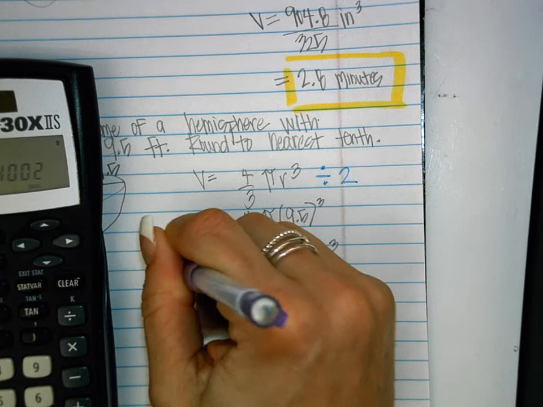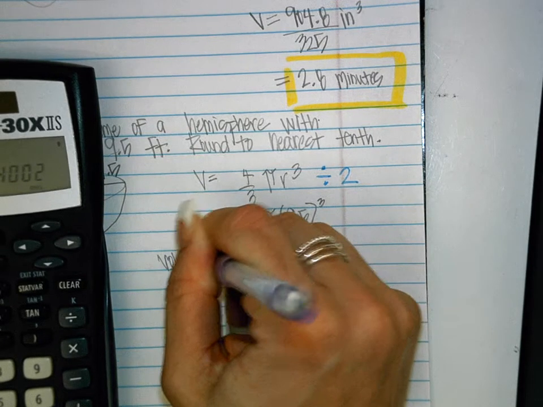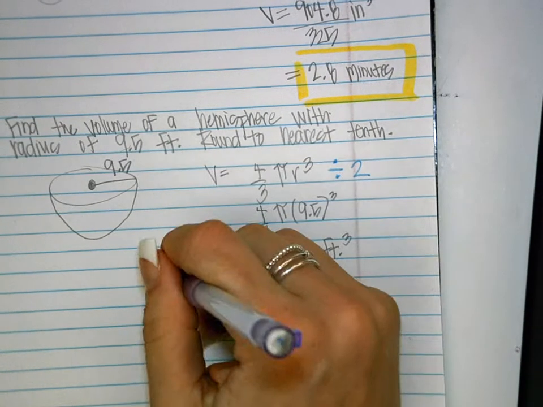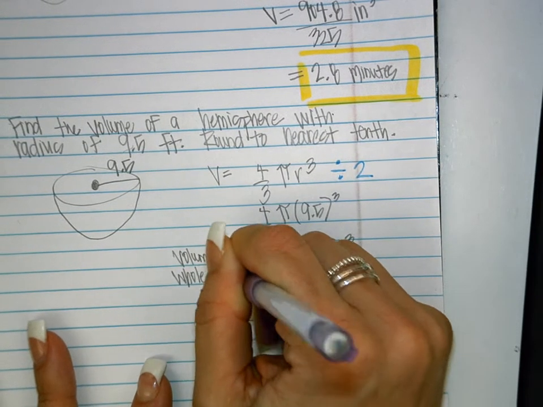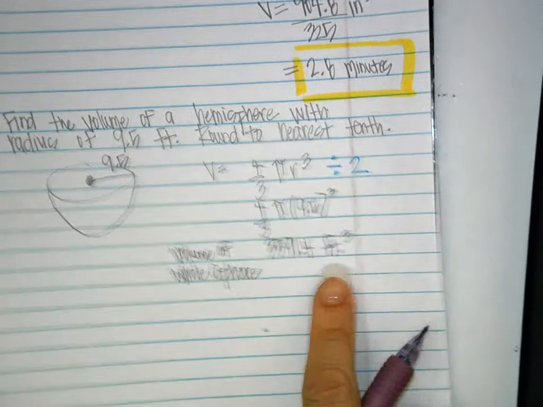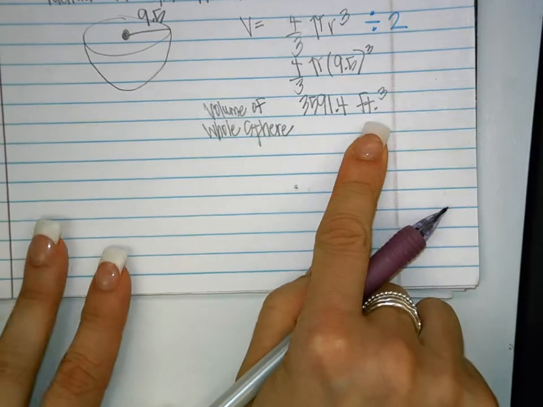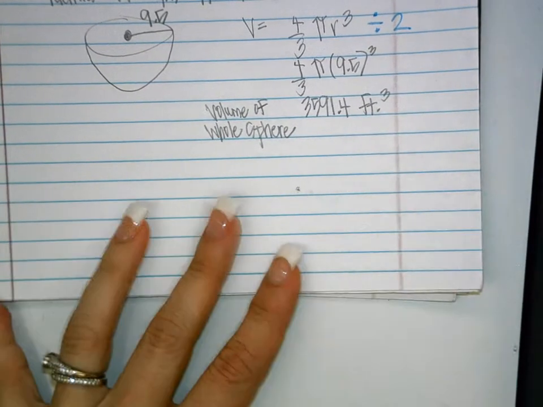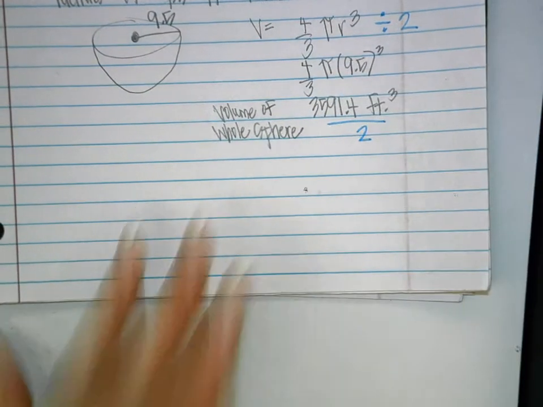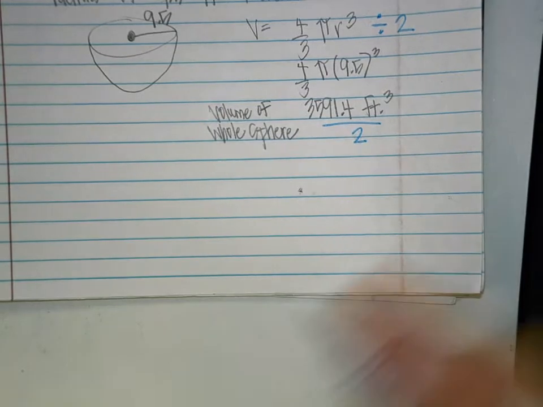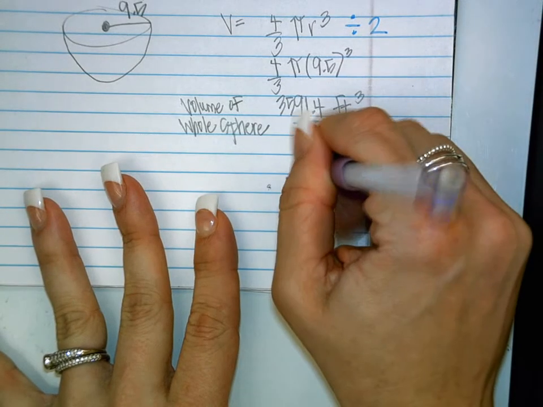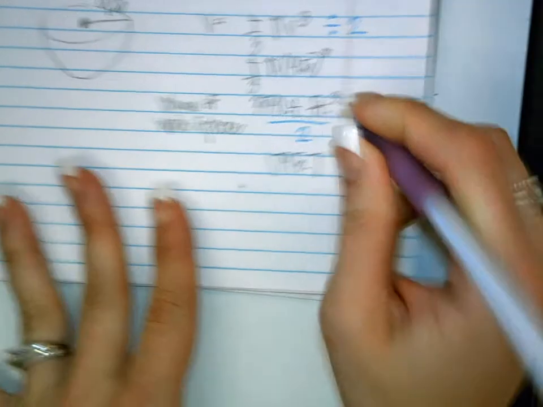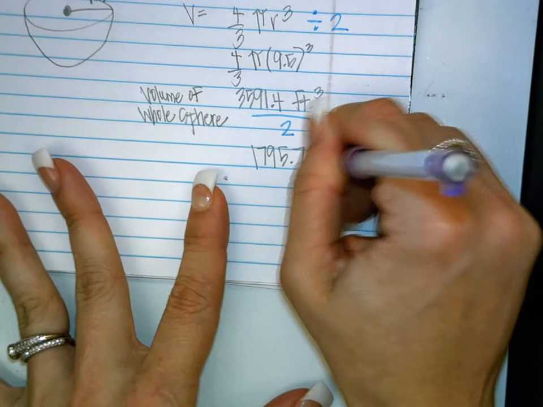If that's the volume of the whole sphere, how do I find just half of it? Divide by 2. If you divide that by 2, we get 1795.7 feet cubed.